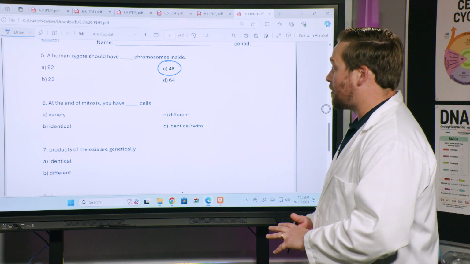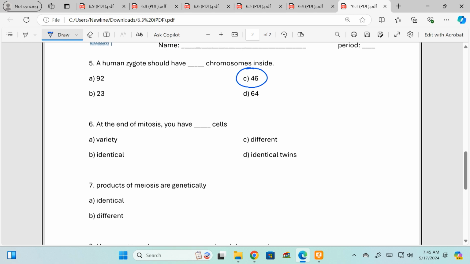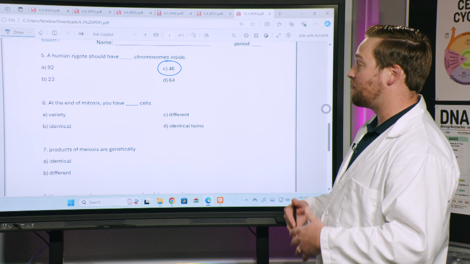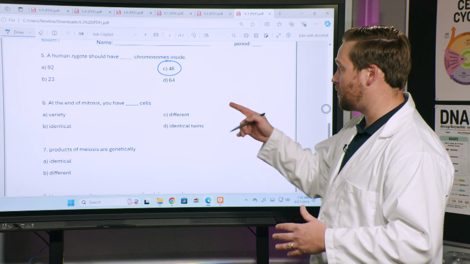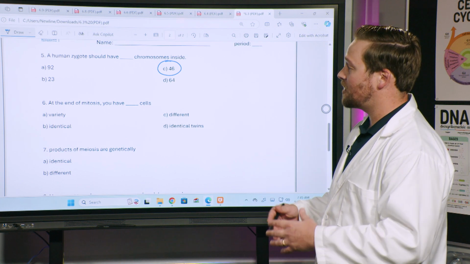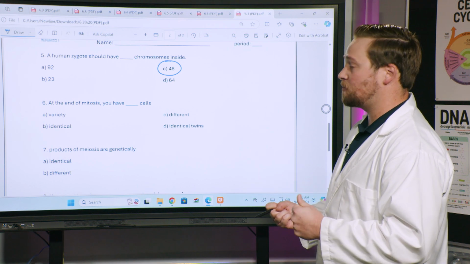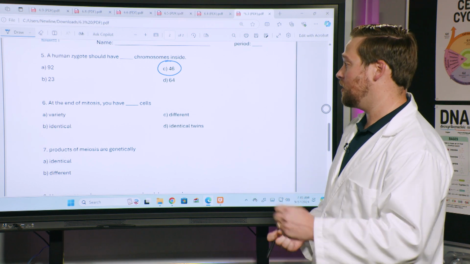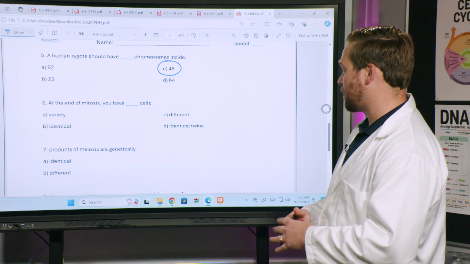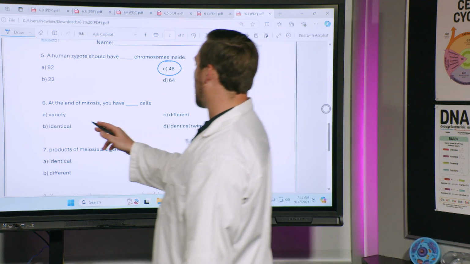Okay, the next one here, number 6. It says, at the end of mitosis, you should have blank cells. Okay, so at the end of mitosis, note that this says mitosis and not meiosis. Does mitosis make cells that are similar to each other, identical, or different from each other? Well, they are identical.